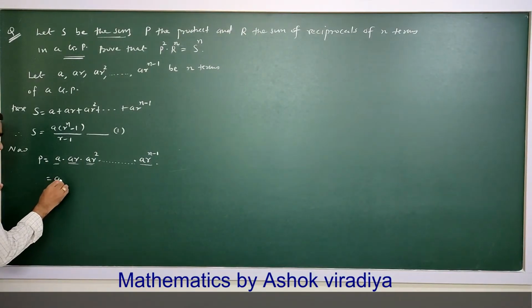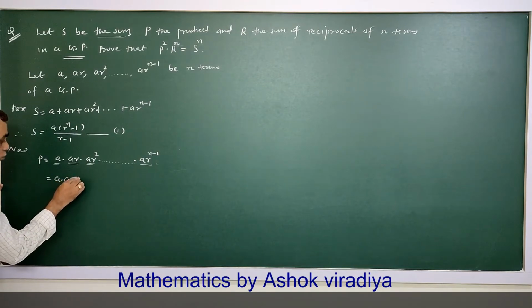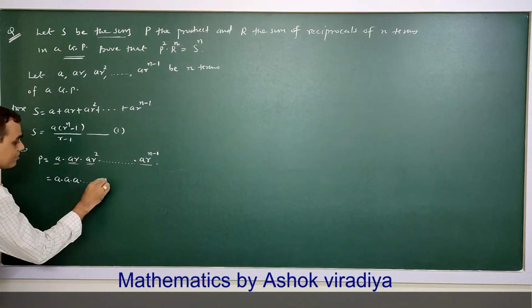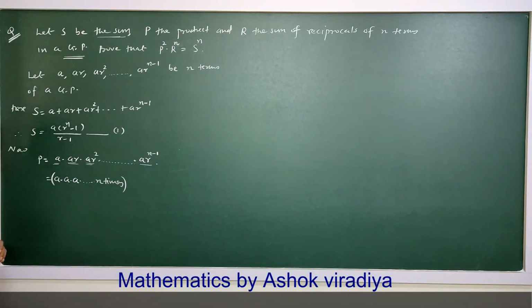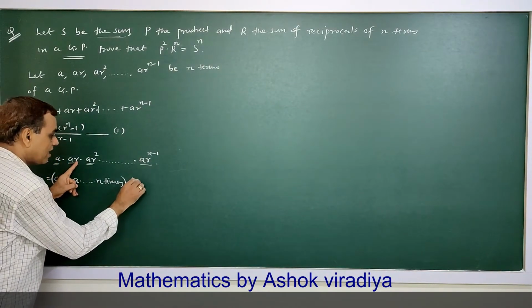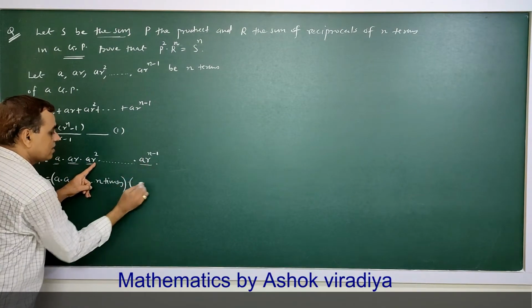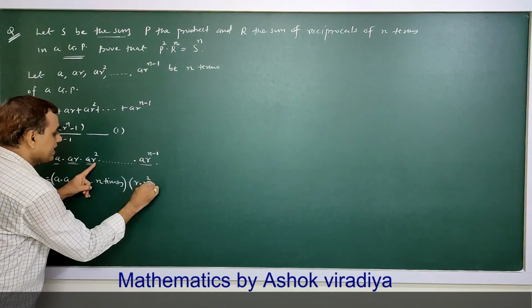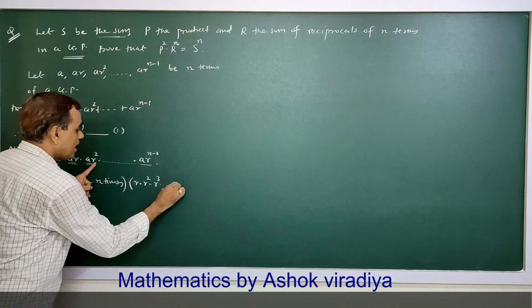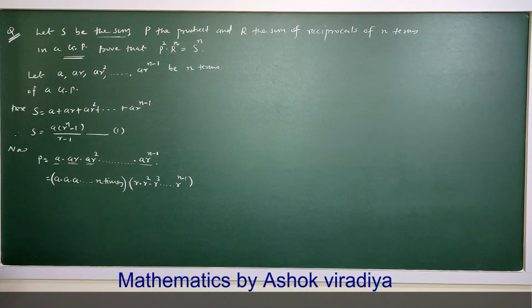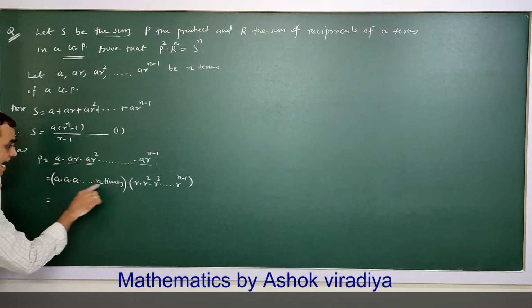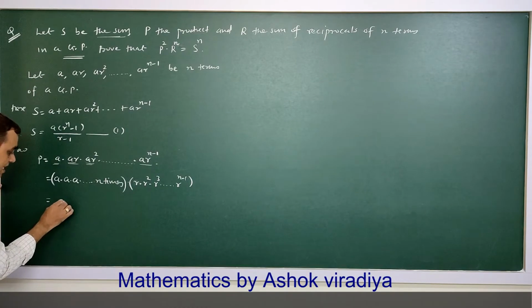In all these n terms we collect all the A together, A into A into A, which is n times. In the second bracket I collect R into R square into R cube up to R raised to n minus 1. So A is n times, so it is A raised to n.